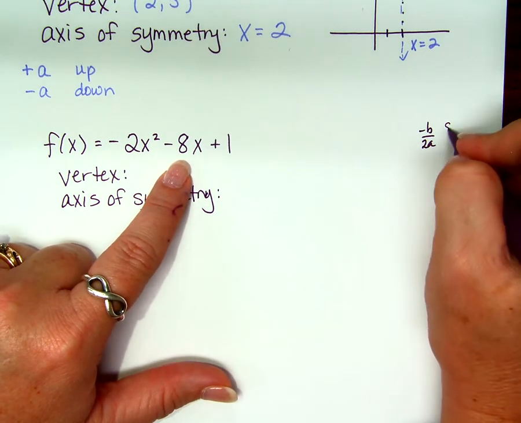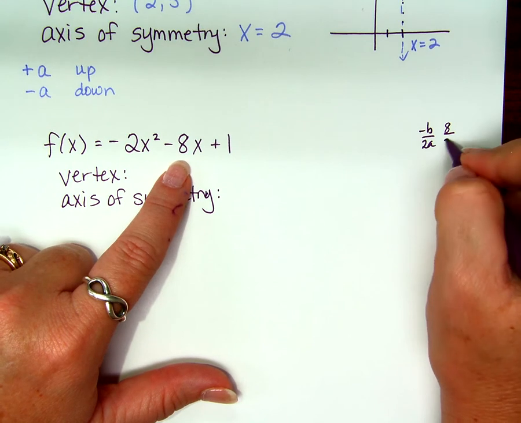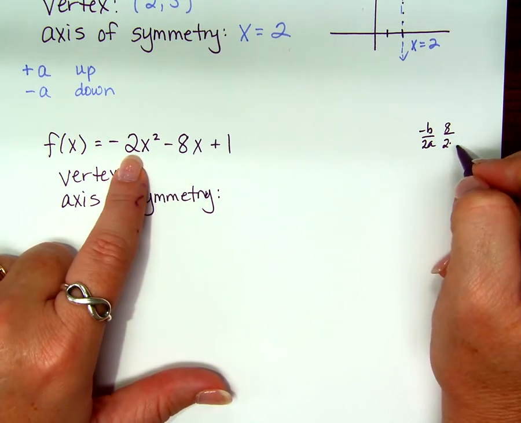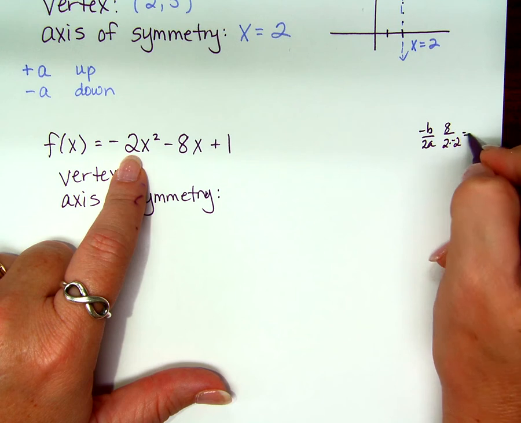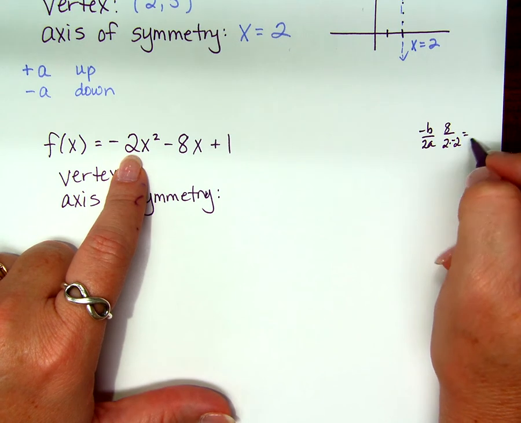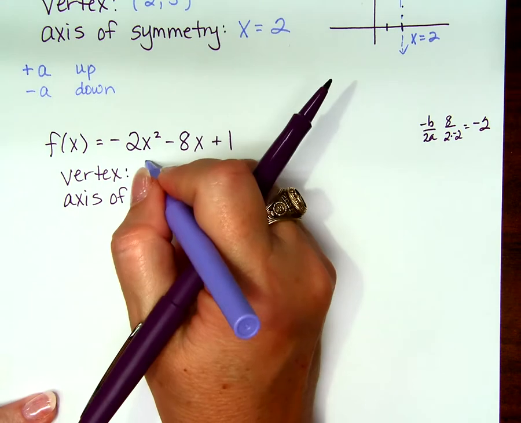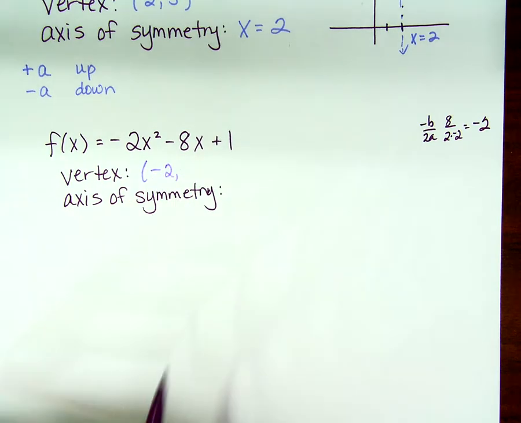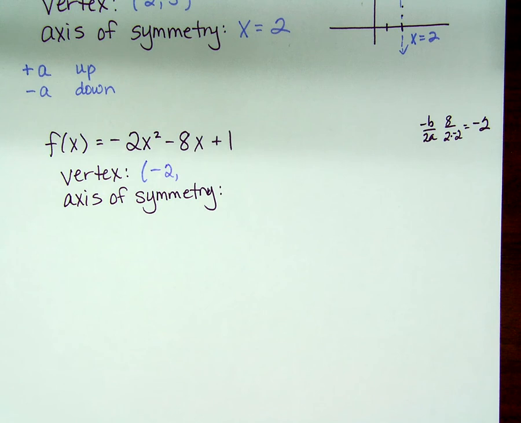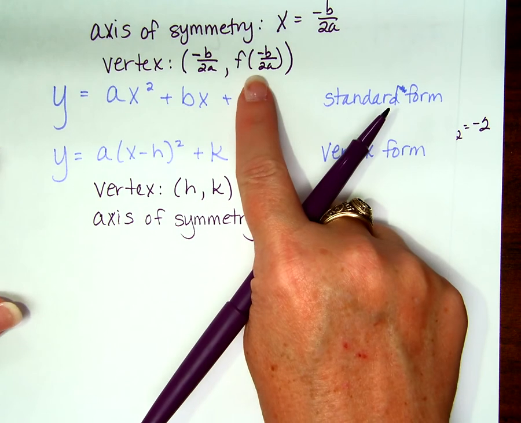Well, what's negative b? 8, right? It's the opposite of b. Over 2 times negative 2. Well, what is 8 divided by negative 4? Negative 2. So the x coordinate of my vertex is negative 2. How am I going to find the y coordinate of my vertex? What does this mean?